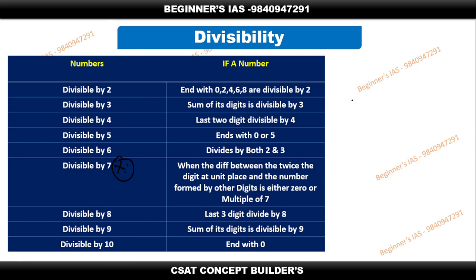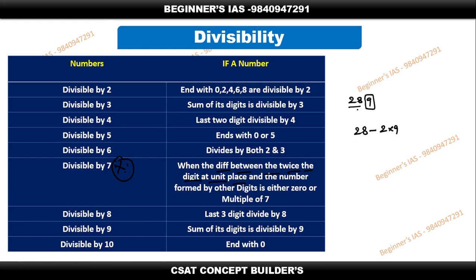For example, 289. I'm just taking that. Read the rule and then read the explanation again. This is the unit place. Twice means multiply it by 2. Then the number formed by the other digits: what is the difference between them? That is what you need to identify.